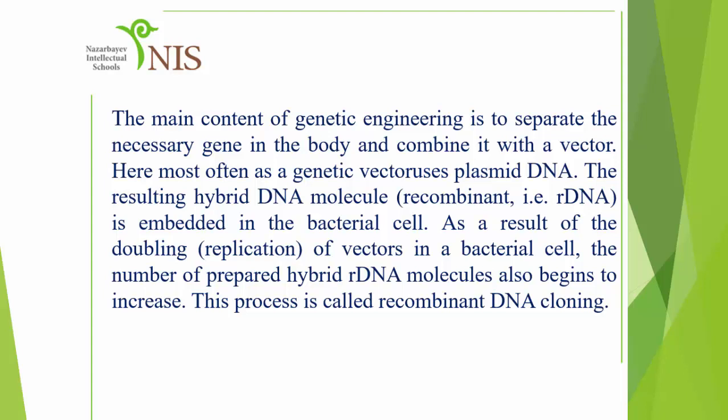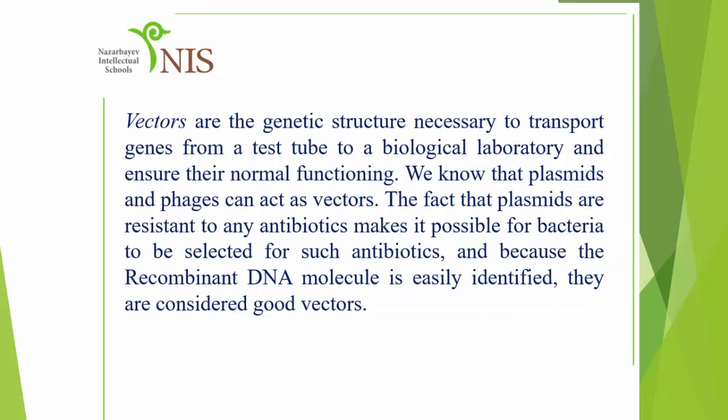The resulting hybrid DNA molecule is embedded in the bacterial cell. As a result of the doubling, replication of vectors in a bacterial cell, the number of prepared hybrid DNA molecules also begins to increase. And this process is called recombinant DNA cloning.